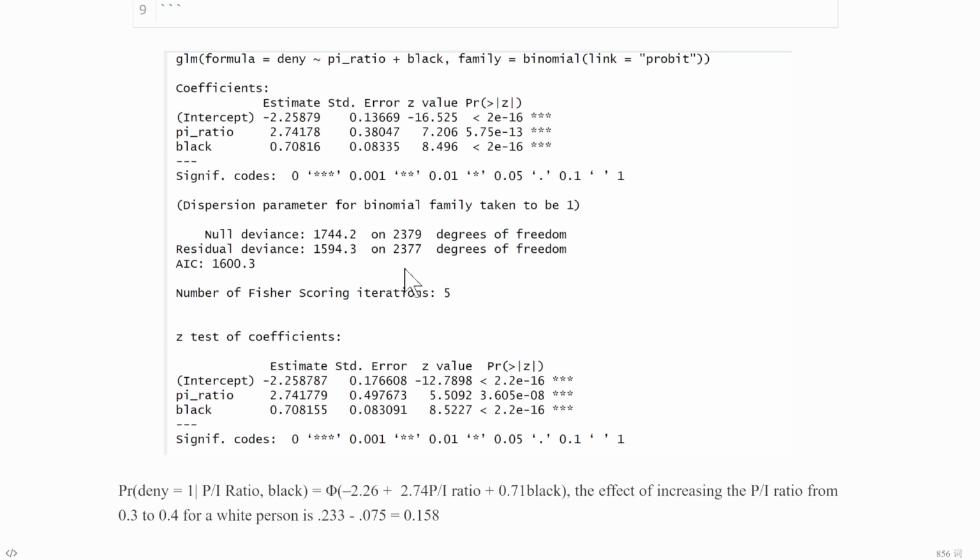That's insane. You have to plug everything into the standard normal density function and find out what the actual increase in probability is. So the probability of denial given PI ratio and black, you plug everything into the function and find the difference between these two conditions.